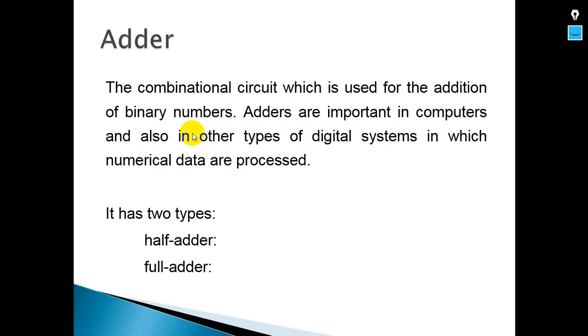As I have explained, this is a combinational circuit which the computer uses for the addition of binary numbers. So this was the adder. Next, as I have discussed, the adder has 2 types, half adder and full adder.